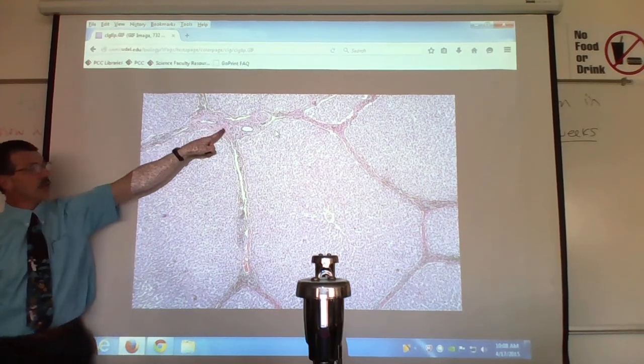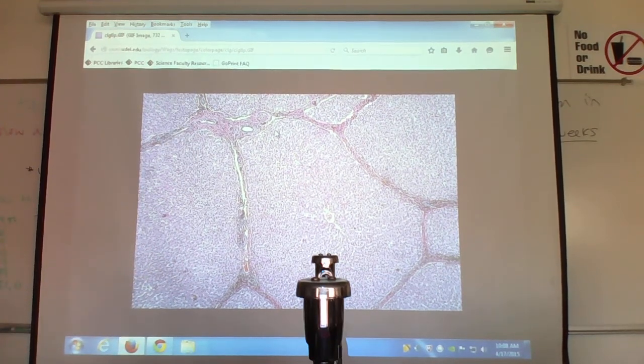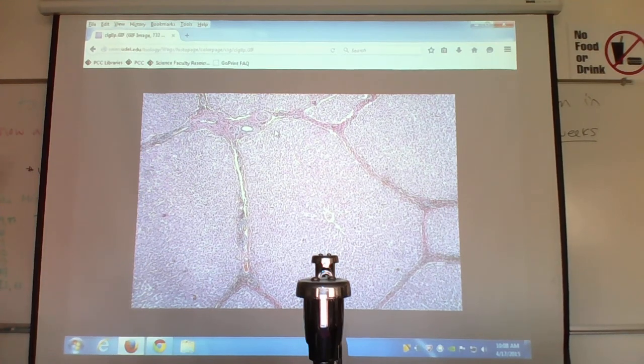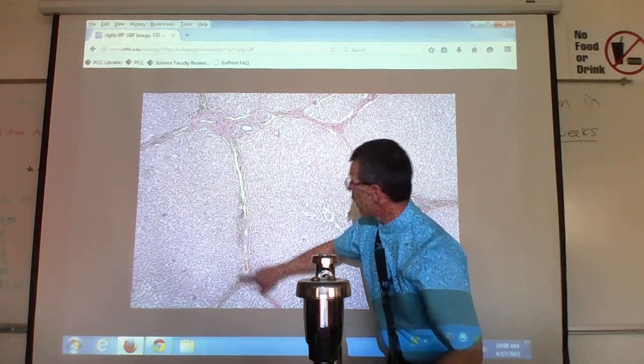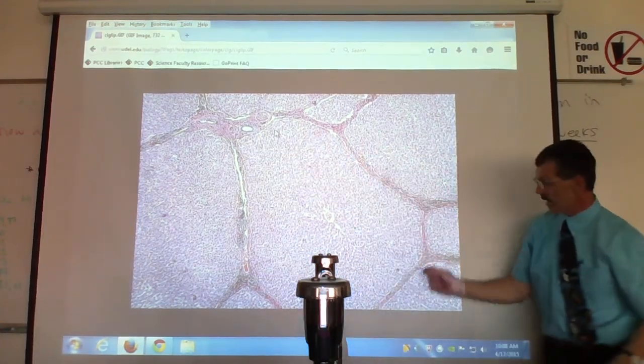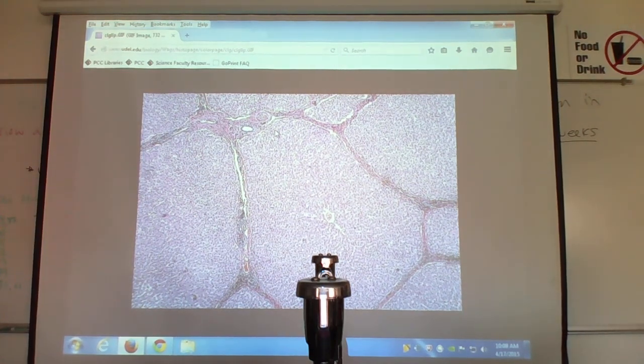There's a tube here, and a tube there. How do we say three? Triads. That's called your portal triad. It's at the corners of the lobules. There would be one of these in each corner. You can't always see it, but there'd be three things in each corner, and that's a portal triad. Each corner has three pipes. The middle has one big pipe, and the rest of it is red and white.